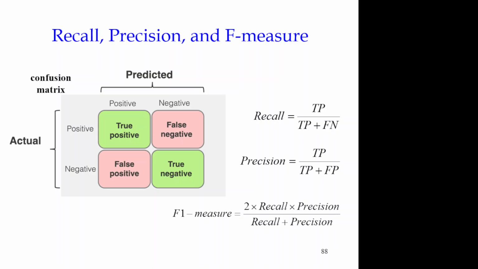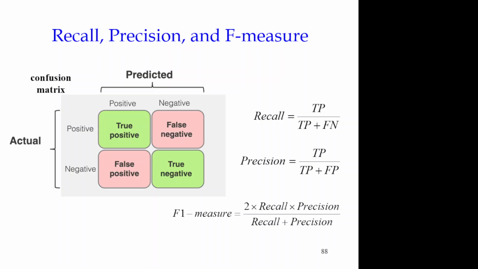So the correct answers must be included in your returned result. You can get 100% recall because you return the whole data set, so your result must include all the actual positives. But the precision will be low because your returned result contains many irrelevant documents. So your precision will be very low.